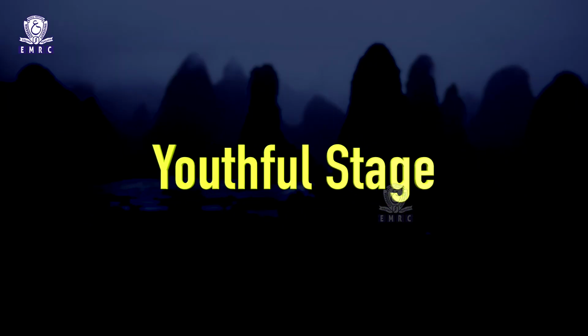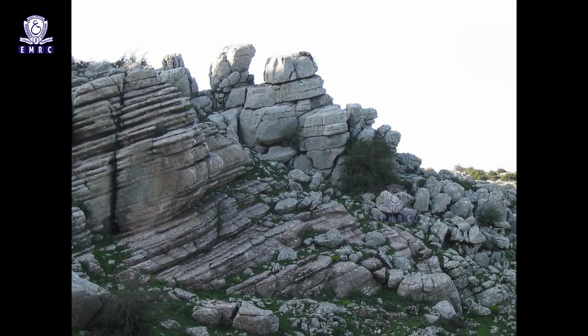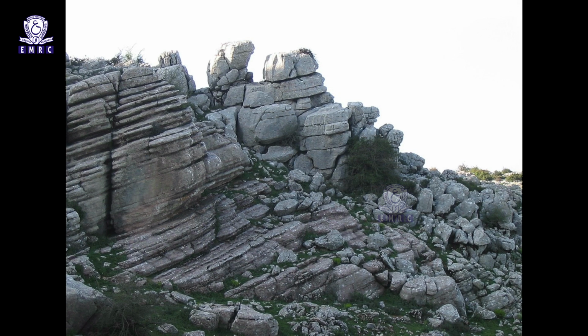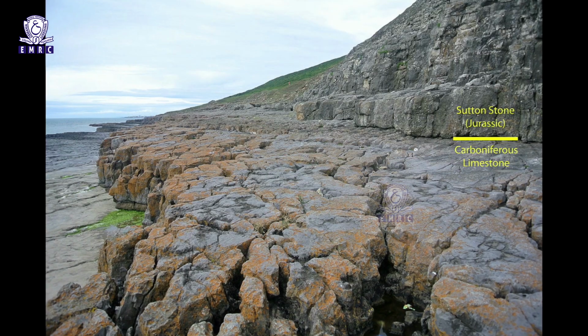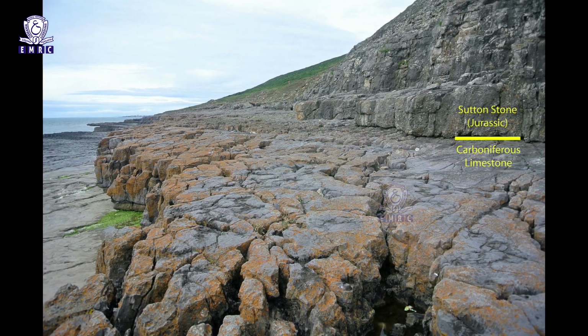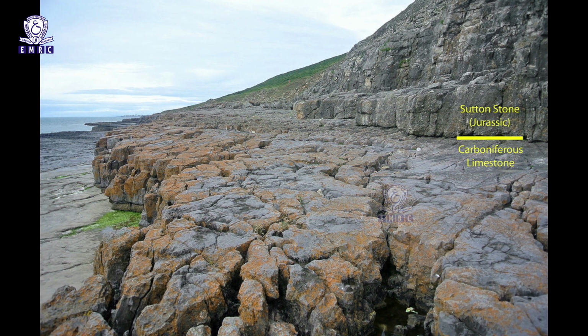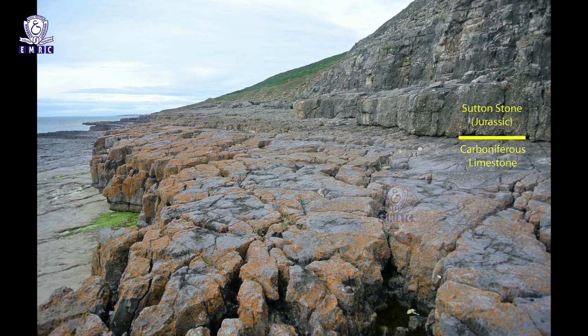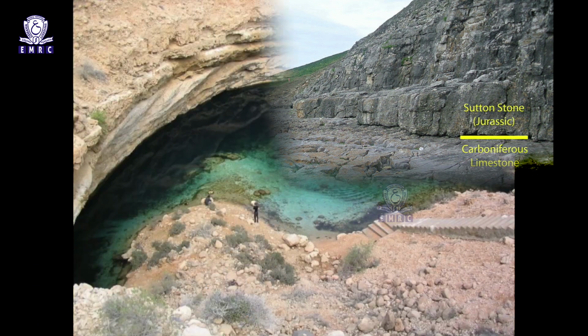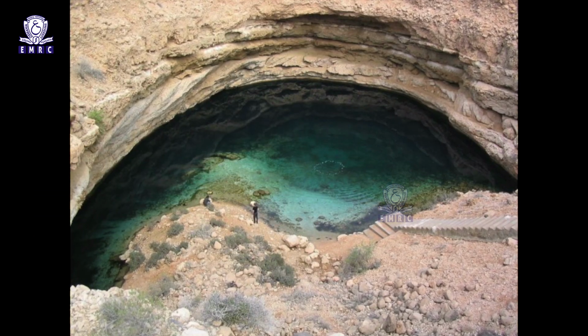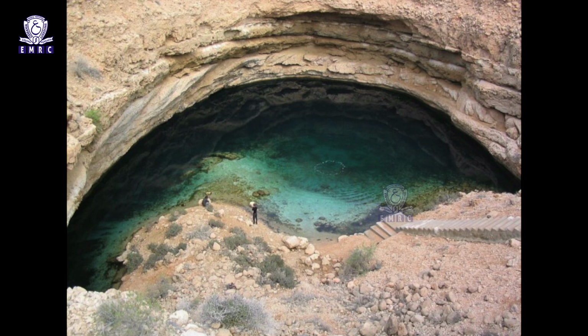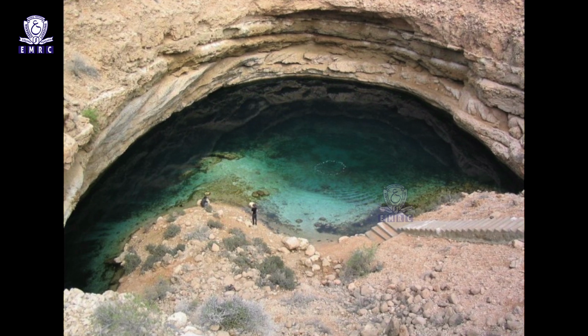The youthful stage. The karst cycle of erosion starts with the initiation of the surface drainage in the region of thickly bedded limestone. The limestones are directly exposed at the surface. The rainwater mixed with the atmospheric carbon dioxide now reacts with the limestone along the joint planes and thus forms sinkholes, swallow holes through the mechanism of solution process.